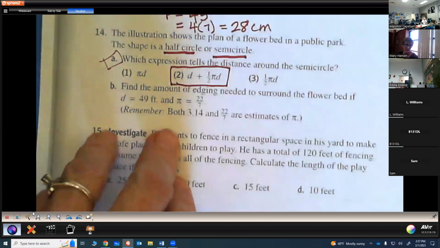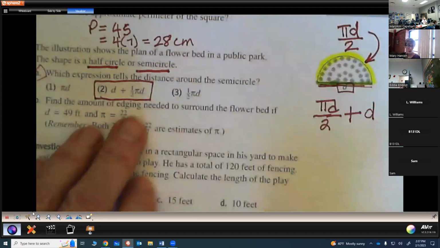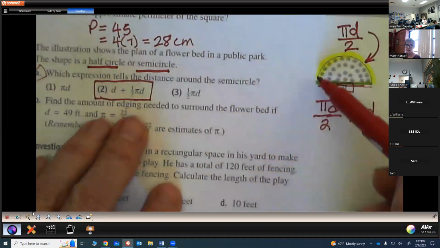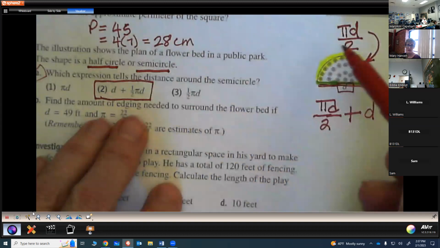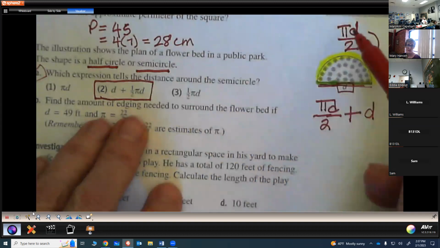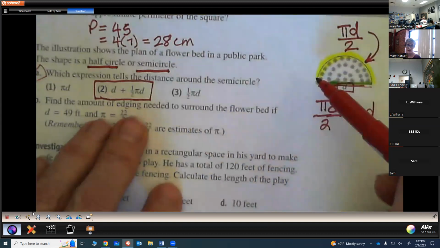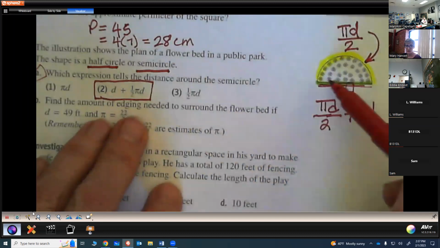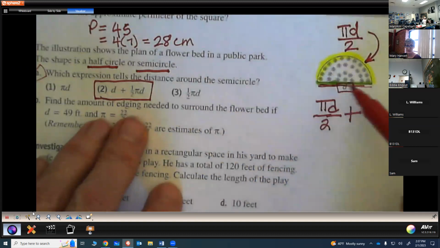So we just took something we knew, the circumference, and we figured out we only have half of it. So we took the circumference and divided it in half so that we got only half the circle. But now we need a little more fencing to go along this straight piece. And so we have to add to that whatever the length of that diameter is.